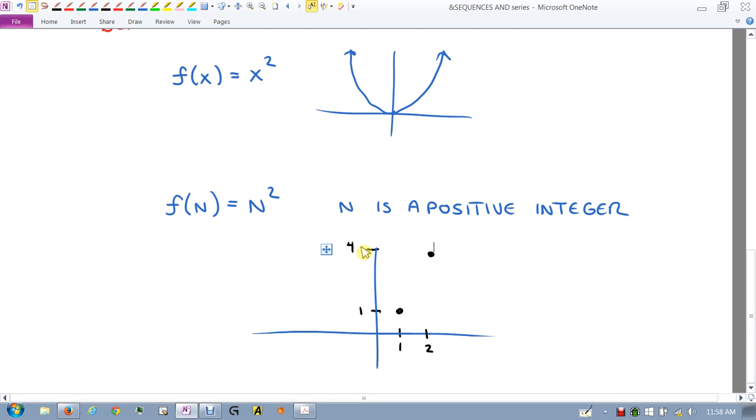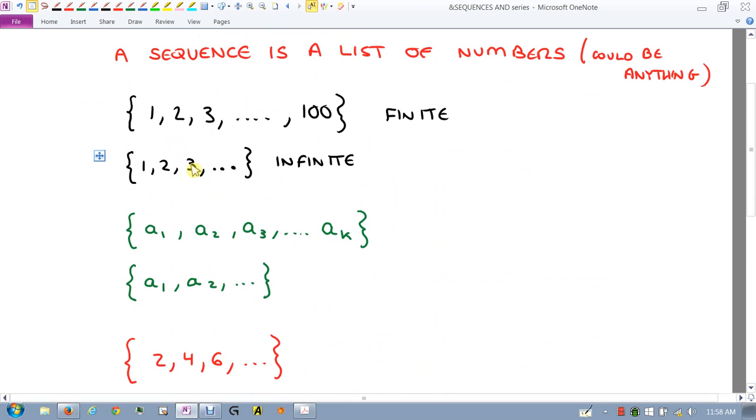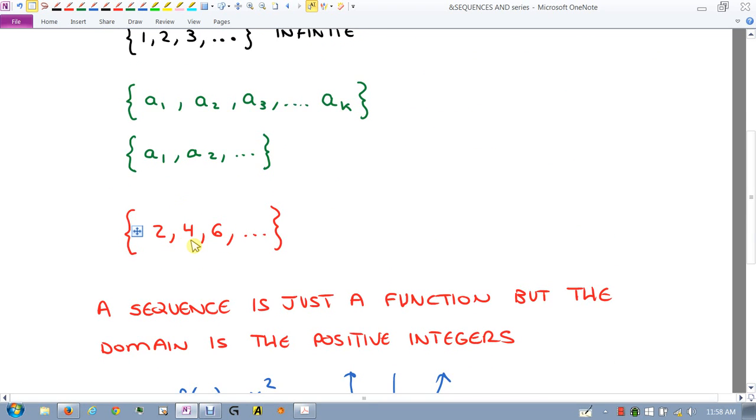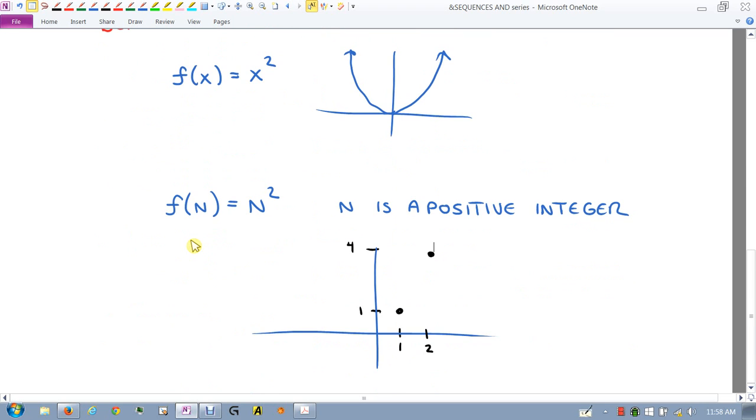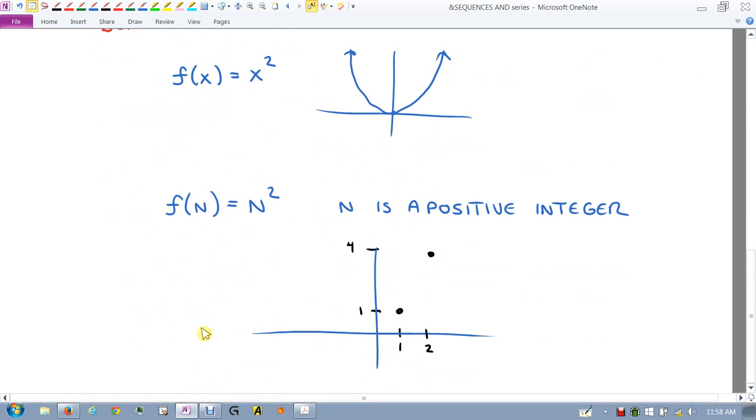Now, how can we see this relationship back up here with these sequences? Well, I only did a couple of them right here, these and this one. How can you write these sequences as functions? These 3. Let's try it. So write 1, 2, all the way out to 100 as a function.